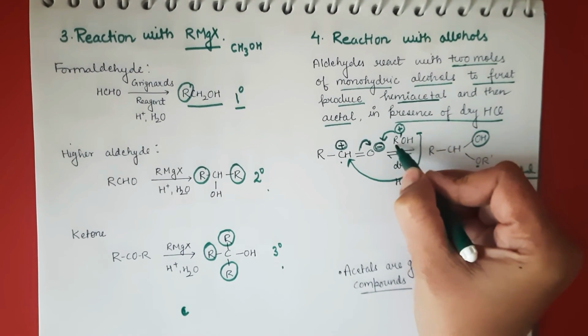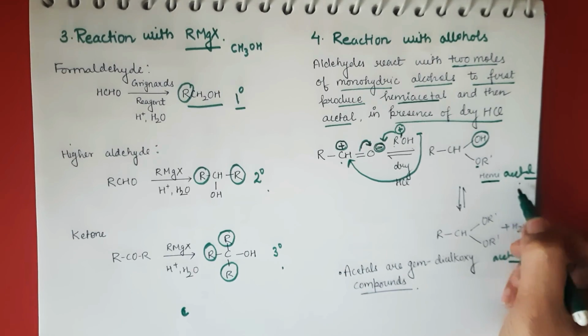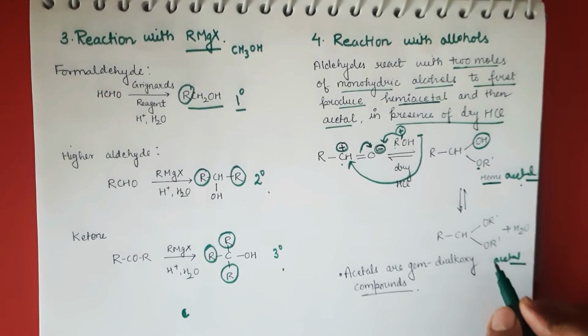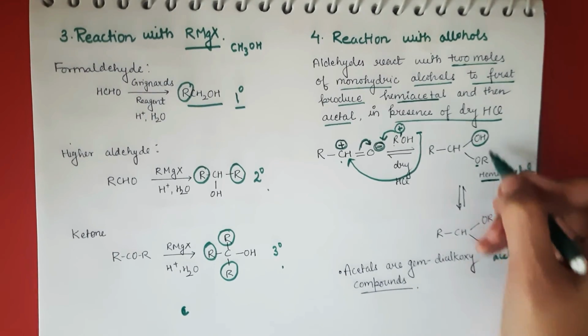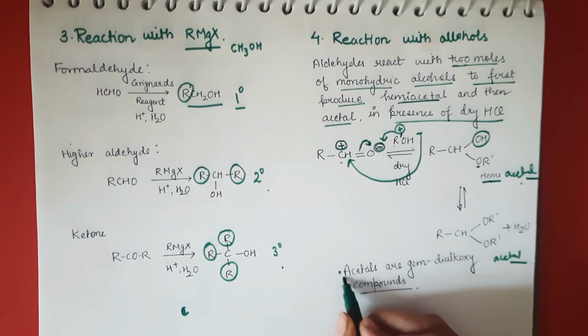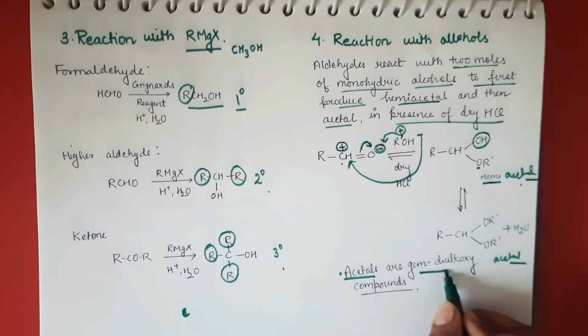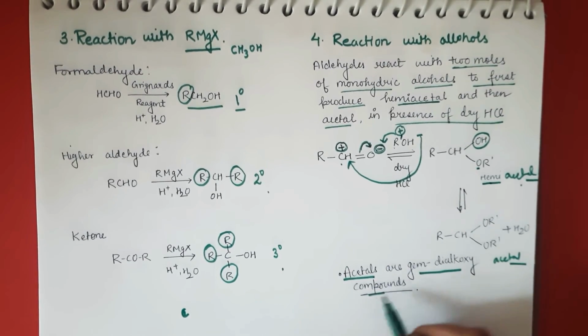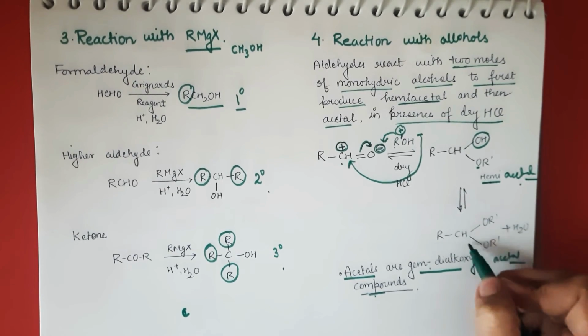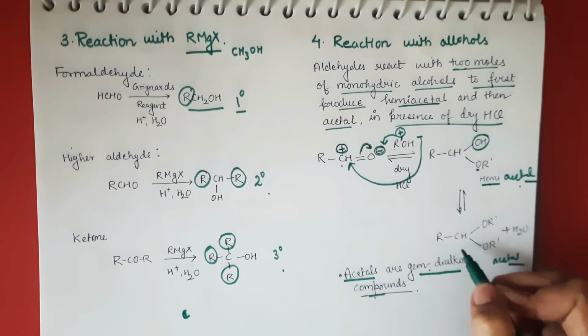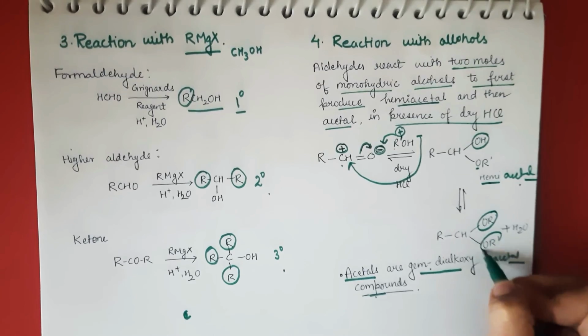It forms a hemiacetal, and after reacting further, this H is replaced by R, so it forms acetal. The acetals are gem dialkoxy compounds. In gem dialkoxy compounds, the alkoxy groups are attached to the same carbon.